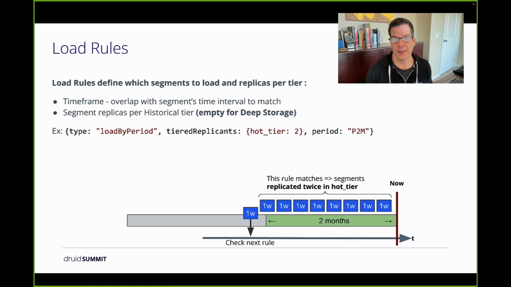So with that, let's talk about the different types of rules. Load rules do what they say. They load copies of the segments that match into different tiers. You can specify multiple tiers in the rule. This one just specifies 1 tier. This rule is saying load for a period of 2 months, the most recent period of 2 months up to now, into the hot tier, and it'll load 2 copies of the segments into the hot tier.